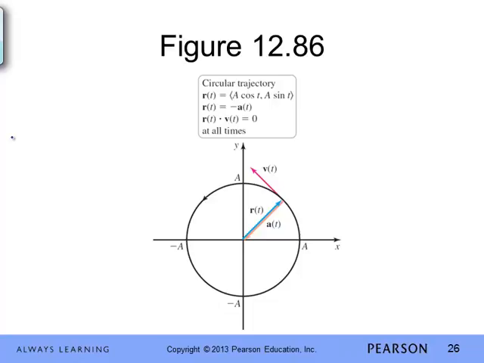But then this would be 2 times r prime of t dotted with r of t is equal to 0.